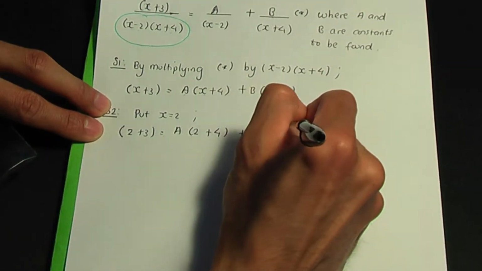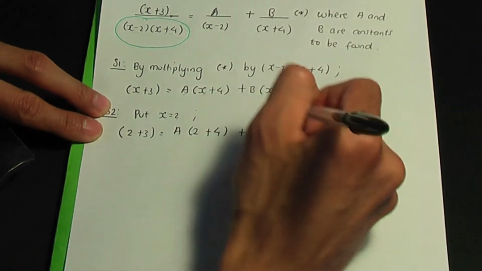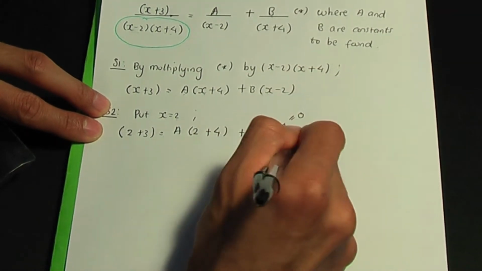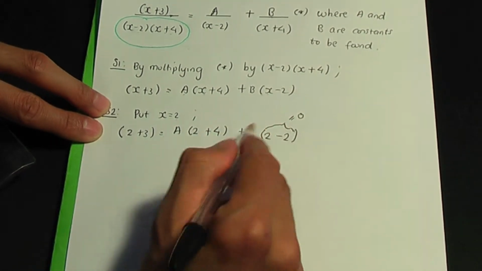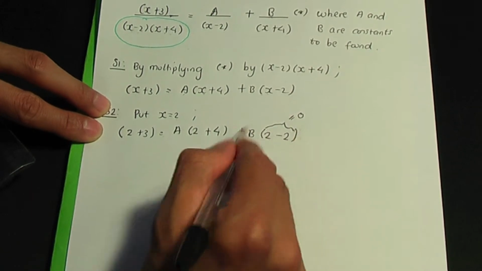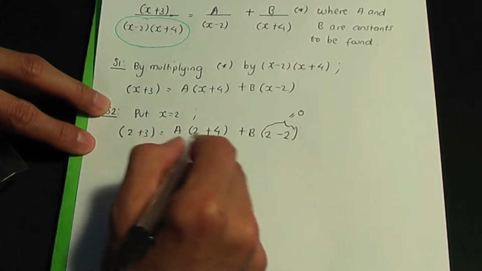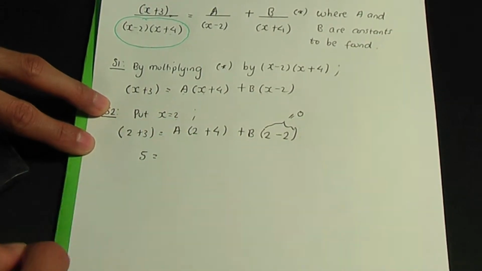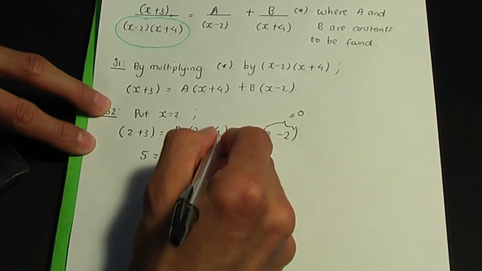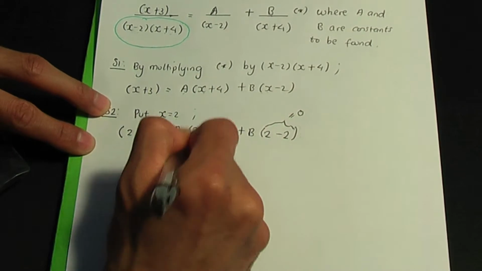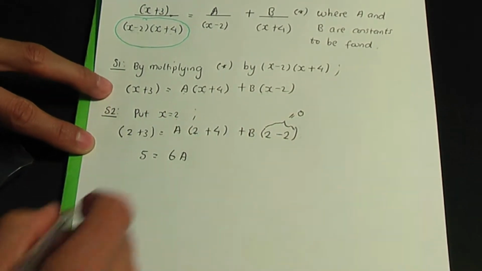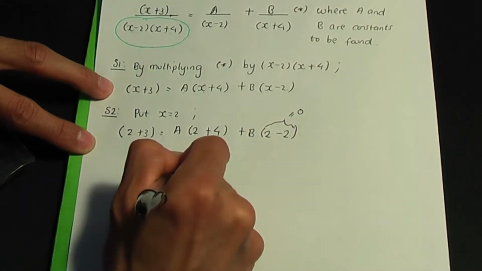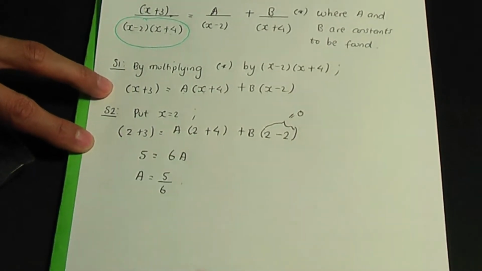So remember, we chose 2 as x because the 2 minus 2 here is 0, so that eliminates the b term. And if we simplify, 2 plus 3 is 5, that is equal to 2 plus 4 is 6, 6 times a is 6a, so when I rearrange, a is going to be 5 over 6.